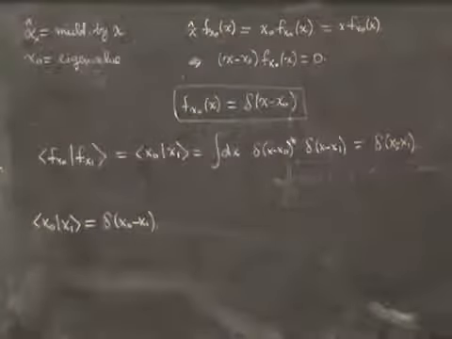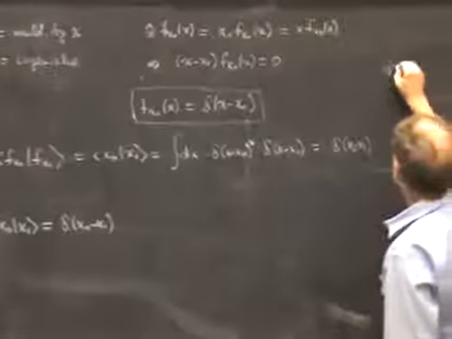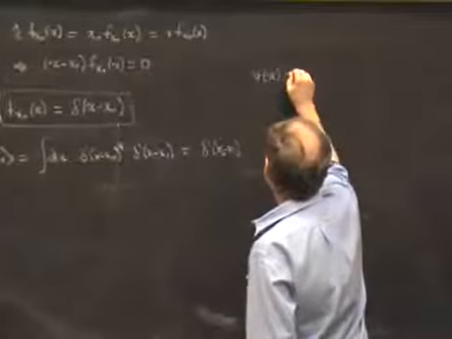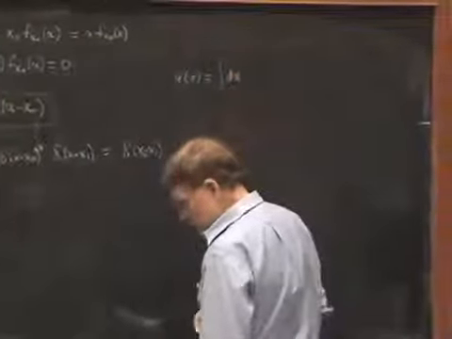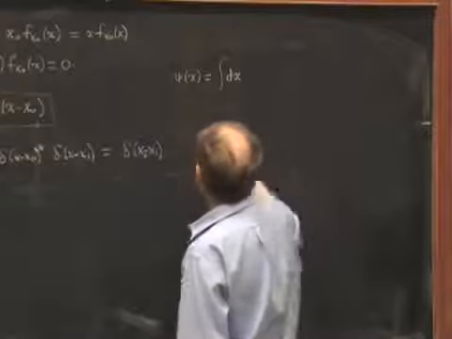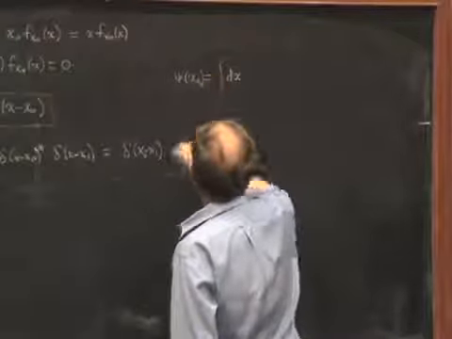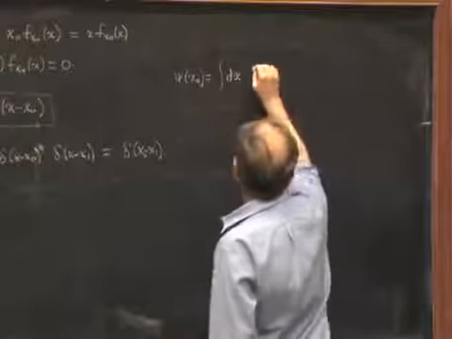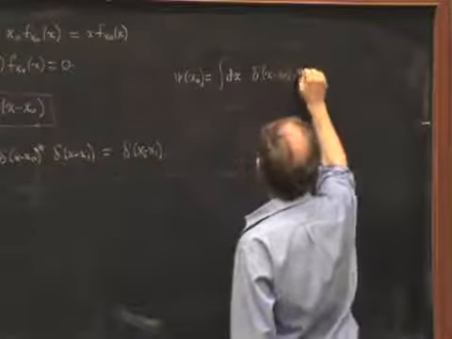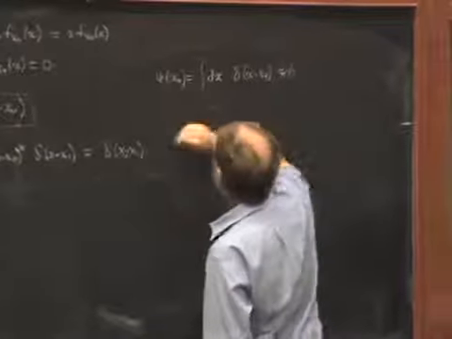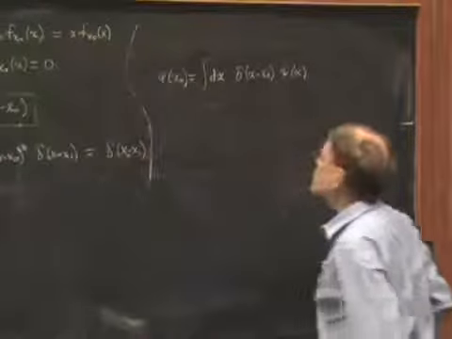Also, there are other simple identities that we have. If we have psi of x, it can be written this way: I want psi of x0, which is the integral over dx of delta of x minus x0 times psi of x. This is one of the properties of the delta function.